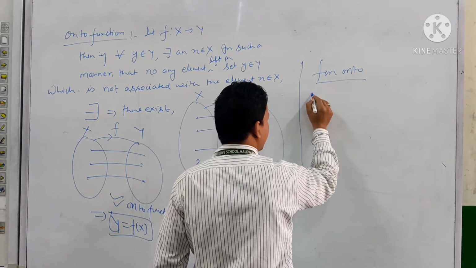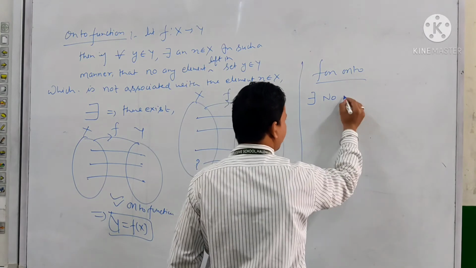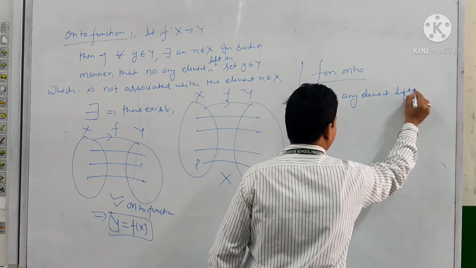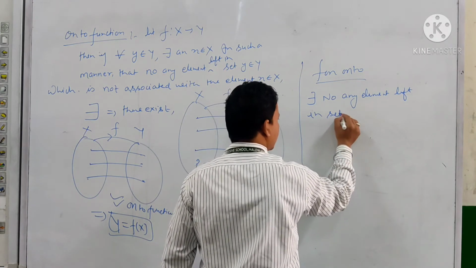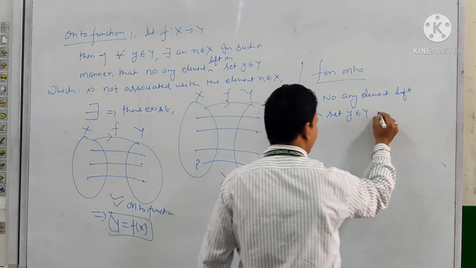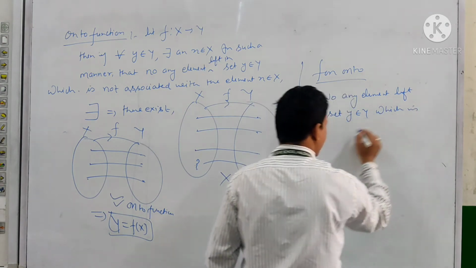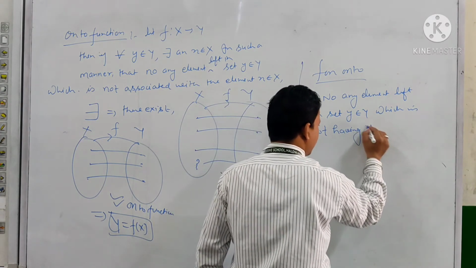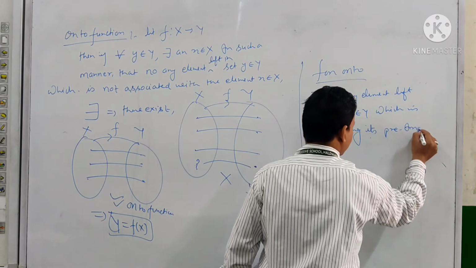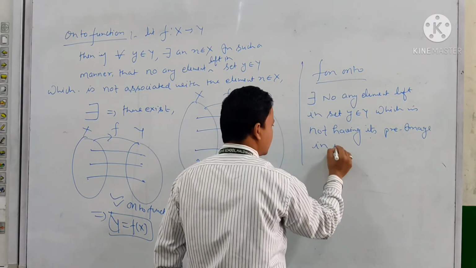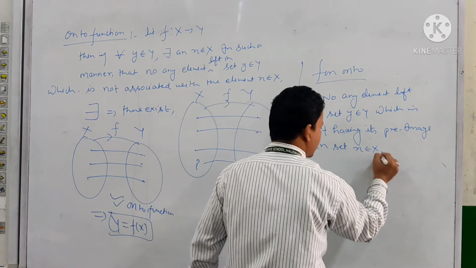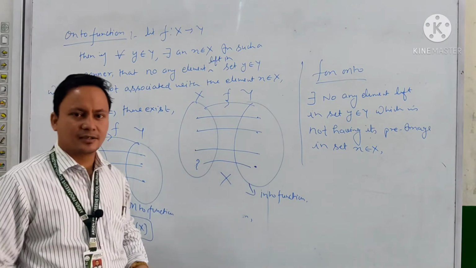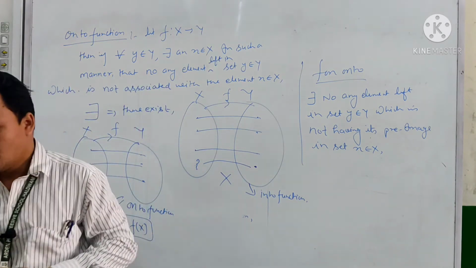We conclude that there is no element left in set y which is not having its pre-image in set x. It means that every element of set y has to have an image in set x. So such a function is known as an onto function.